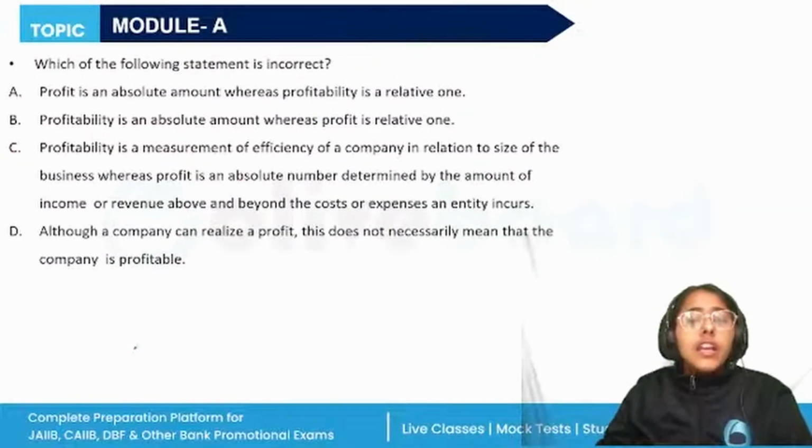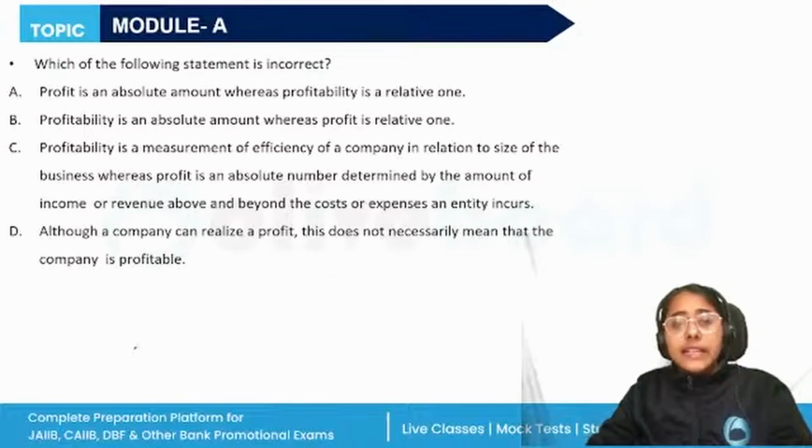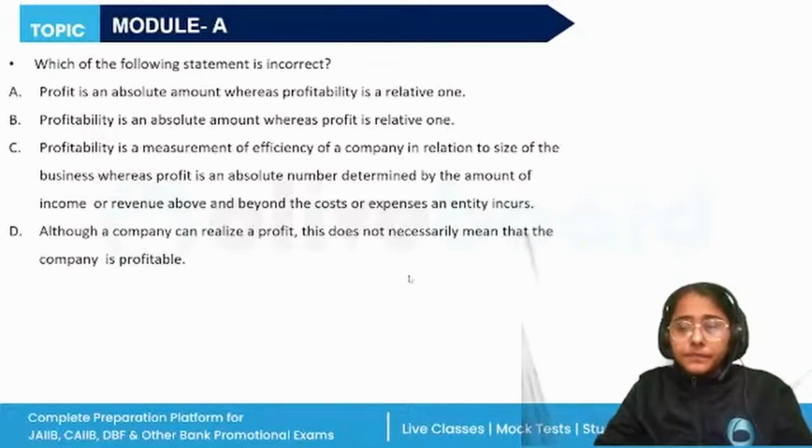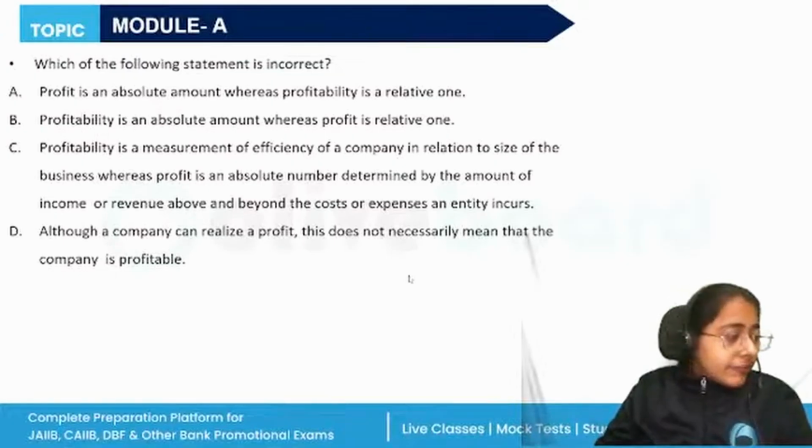Next question. Which of the following statements is incorrect? Option A says profit is an absolute amount, whereas profitability is a relative one.